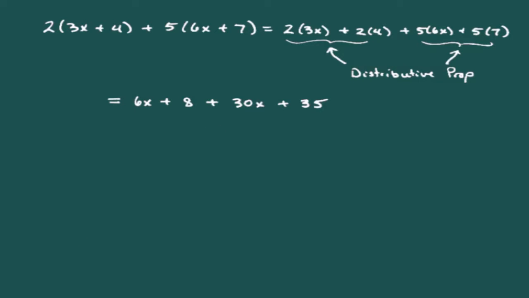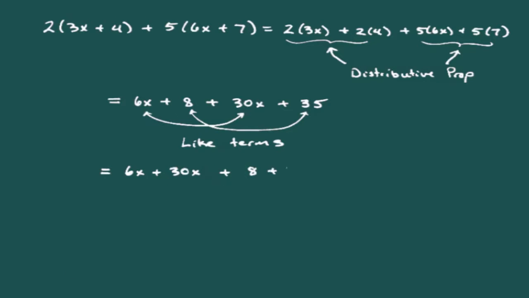Now, from this expression, we actually have two sets of like terms. Those two sets of like terms are the 6x and the 30x, because both of those have a single x multiplying them. And then the other set of like terms are the 8 and the 35, because those are just numbers and they don't have any x's on them at all. And so we can rearrange those to put the like terms together.